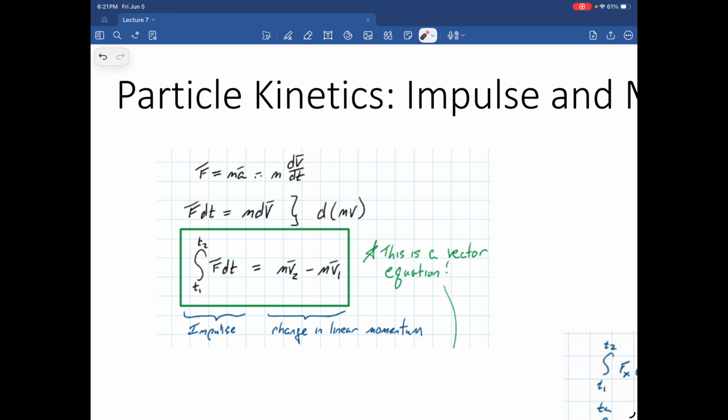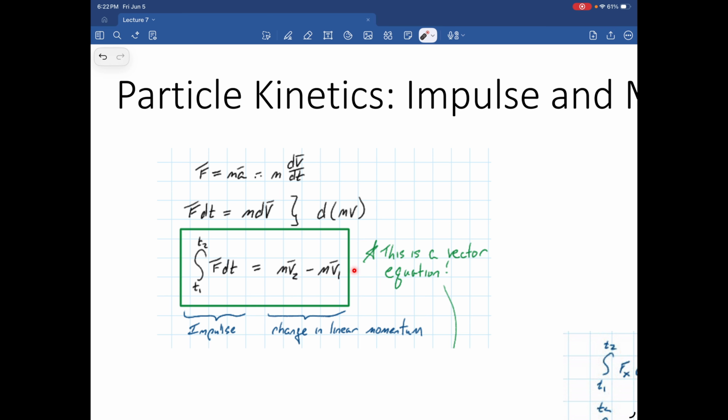So I'm left on the left-hand side with the integral between times t1 and t2 of F dt. And on the right-hand side, I just have the change in momentum: mass times the velocity at time 2 minus mass times the velocity at time 1.